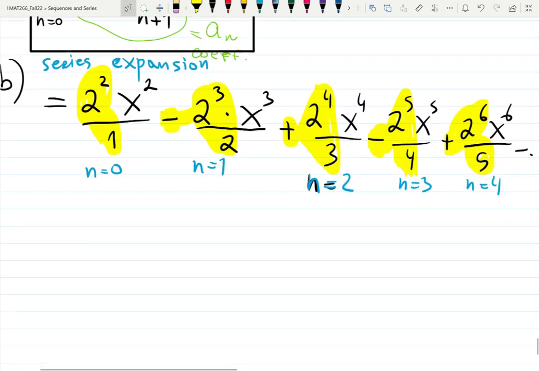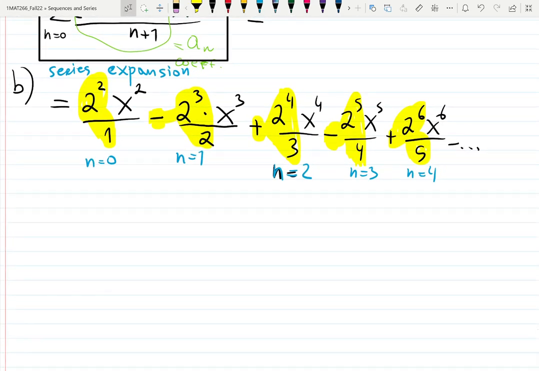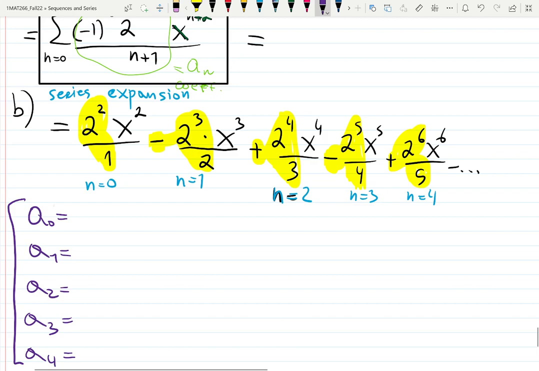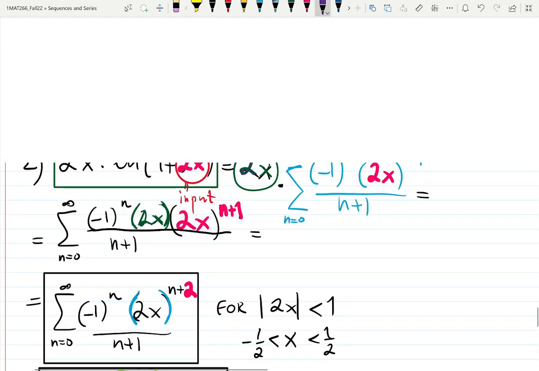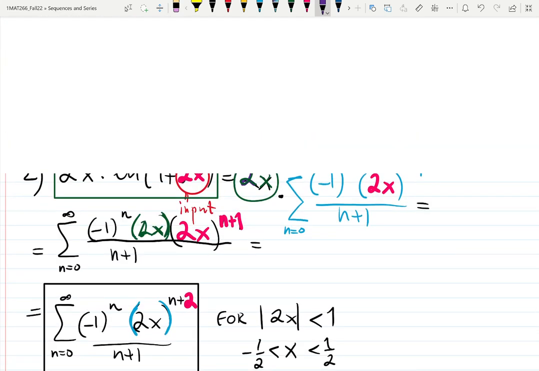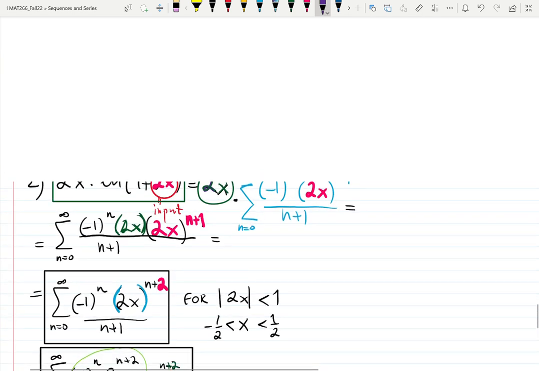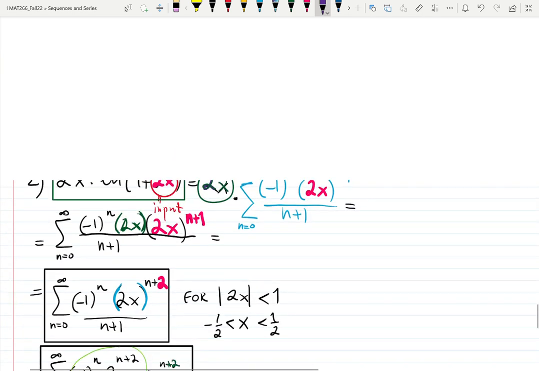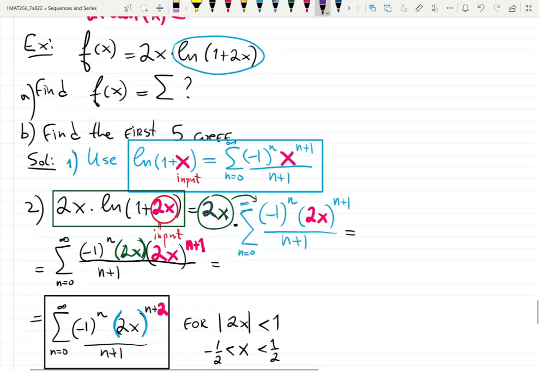Let's write it down and see what's going to happen. I need a sub 0, a sub 1, a sub 2, a sub 3, a sub 4, 5 coefficients. The important part is to see what they asked me about. Are they asking just coefficients or non-zero coefficients? Just coefficients. I just wanted to show here.